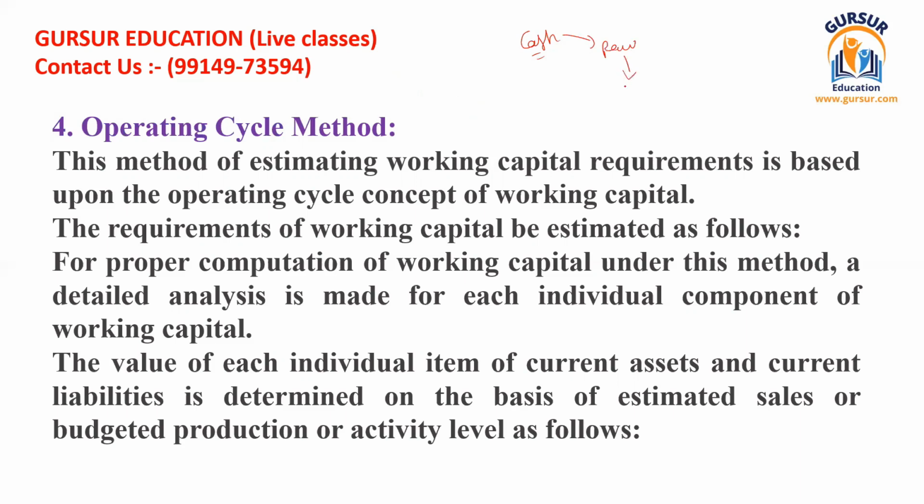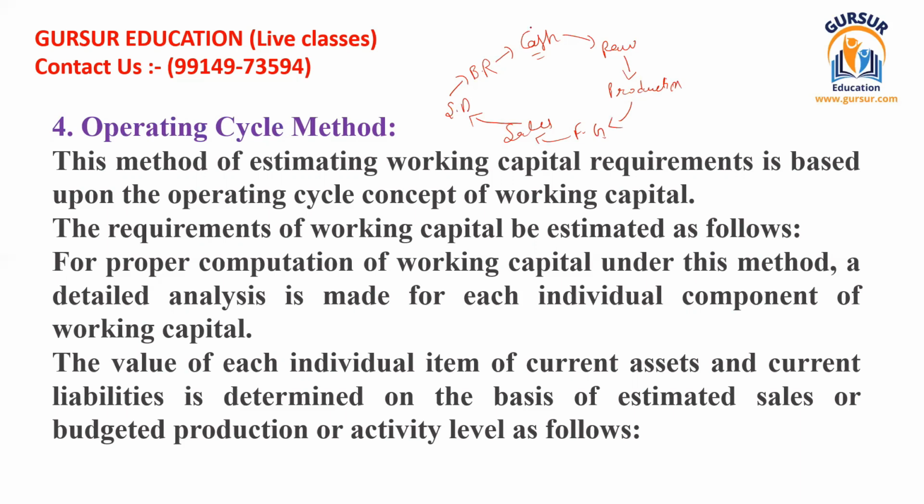After purchasing, you get involved in production operations, and from production operations you prepare the finished goods, and after these finished goods the sales are made. After sales are made, the sundry debtors are generated. After sundry debtors are generated, bills receivable are generated, and after that cash is received.